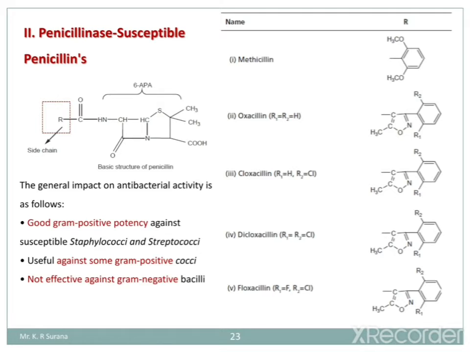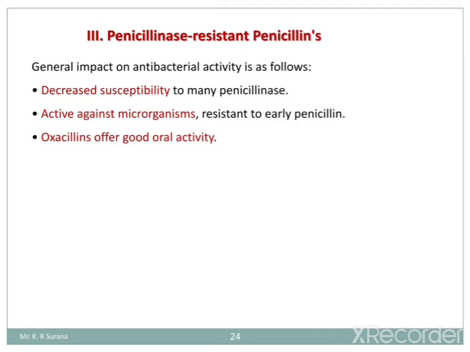Now the third is the penicillinase resistant penicillins. Basically these decrease the susceptibility to many penicillinase enzymes. These penicillins decrease the susceptibility and are active against microorganisms that show resistance to the early developed penicillins.